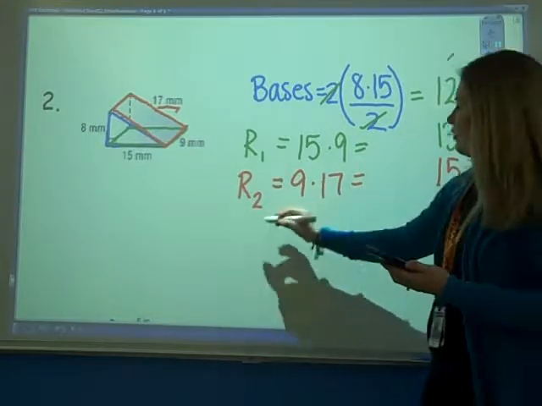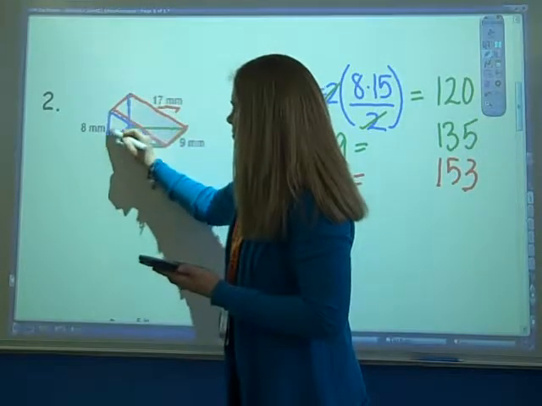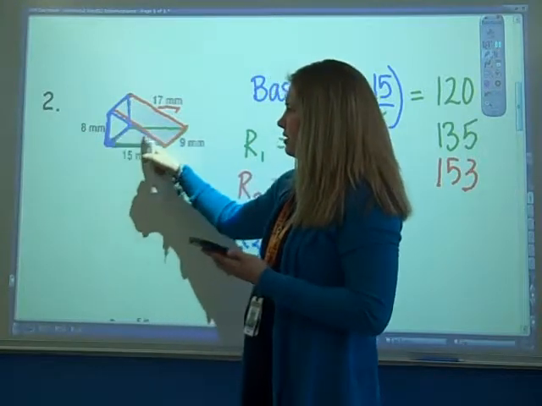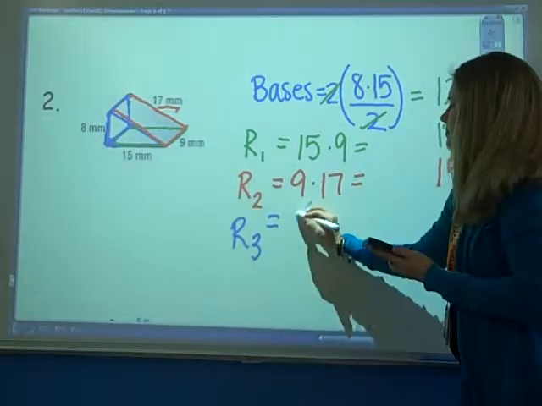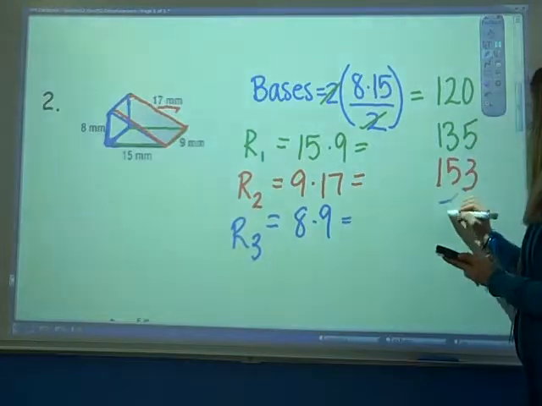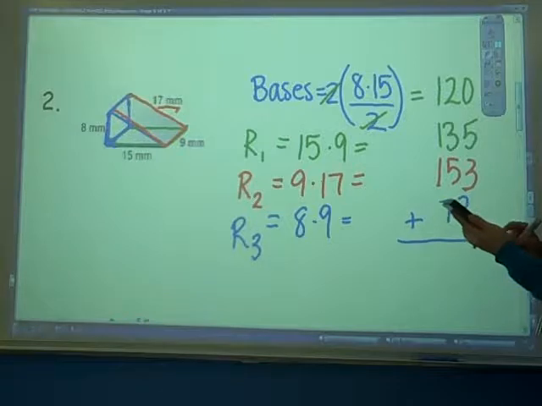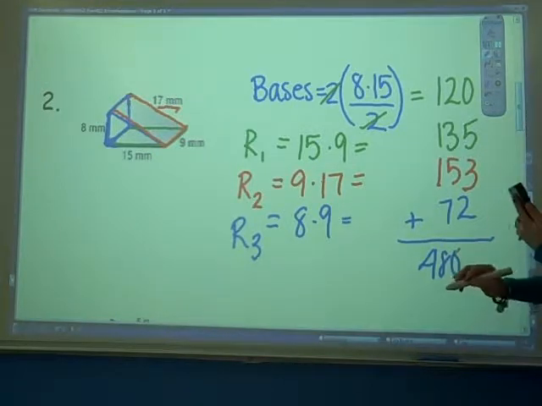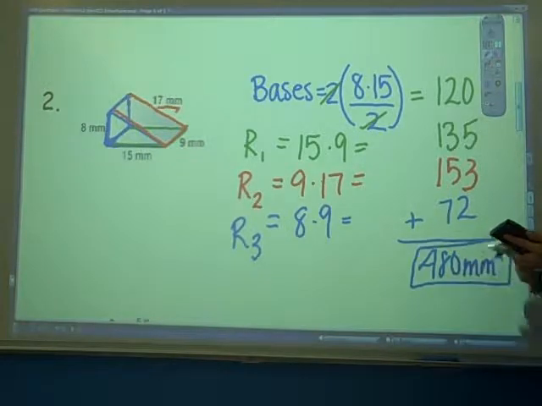And rectangle 3 is this one back here. We know it has an 8, and then this measurement, which is 9. So it's an 8 by 9, 72. Add all of your areas up. 120 plus 135 plus 153 and 72. We will get 480 millimeters squared, because it's only area that we're talking about.